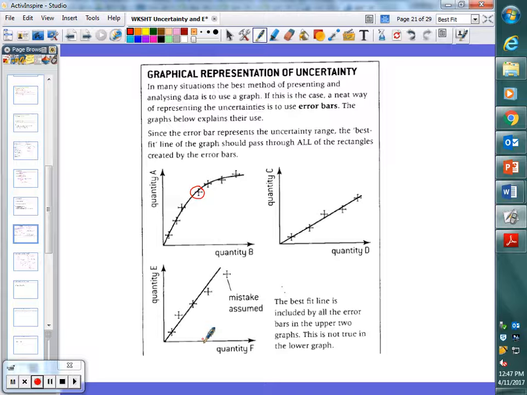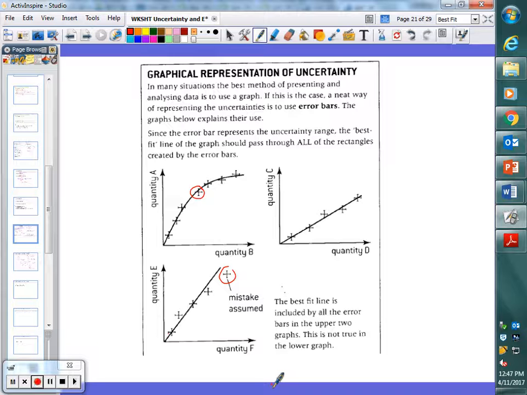Because if it doesn't, then we're obviously doing something wrong. So down here, this isn't actually good. This best fit line only falls into the range of the error bars of 2 of these 5 measurements, but this one that's really, really off, that's where we would assume there must be something wrong with that measurement.